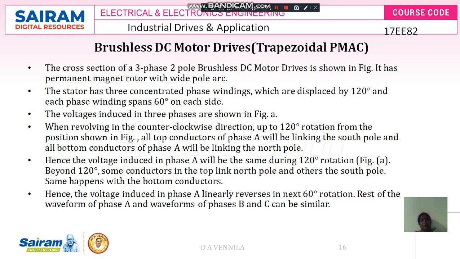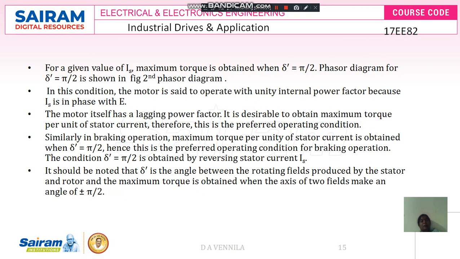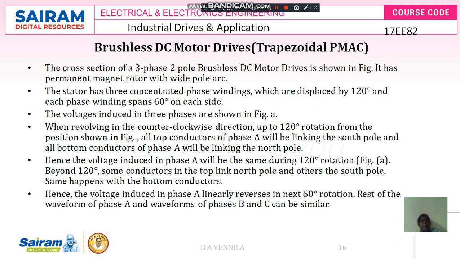Next, we will discuss the brushless DC motor. Before that, we should know what is meant by a brushless DC motor. It consists of a rotor in the form of a permanent magnet, and the stator is in the form of polyphase armature windings.